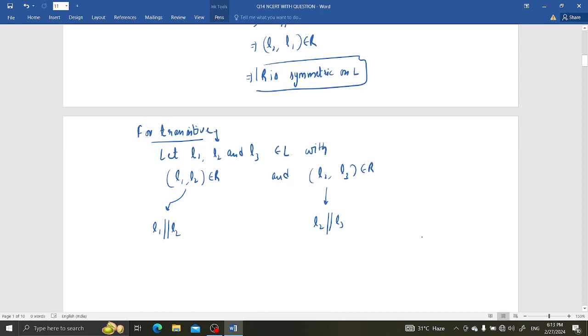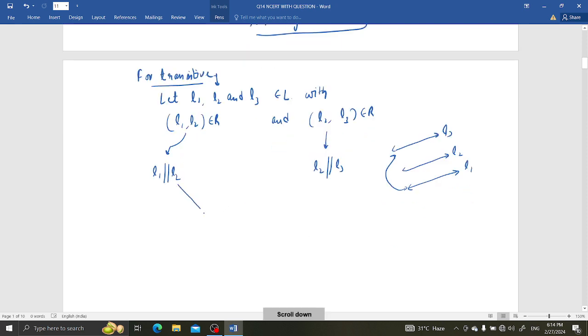Okay. Now you observe that, suppose this is one line L1 and it is parallel to L2, and L2 is further parallel to L3, then you can observe L1 and L3 are also parallel, right? So we can imply that L1 is parallel to L3 from both. Okay.